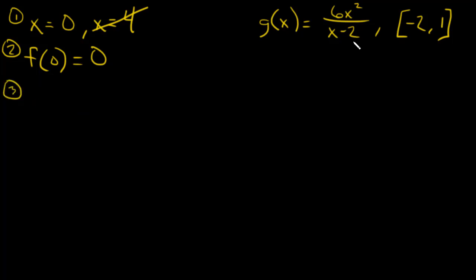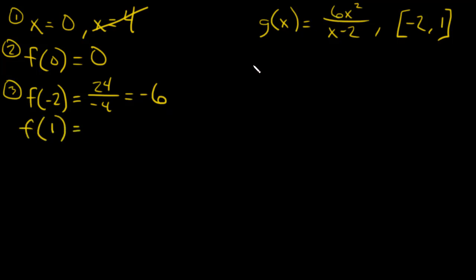Step 3, I'm going to plug in the endpoint. So f of -2 is going to be, what is that? -2 squared is 4 times 6 is 24 over -4, which is -6. And f of 1 is going to be 6 over -1, which is also -6. Okay? So step 4, to find the absolute extrema.